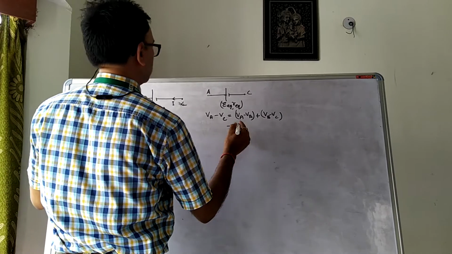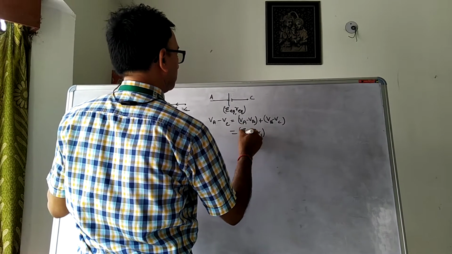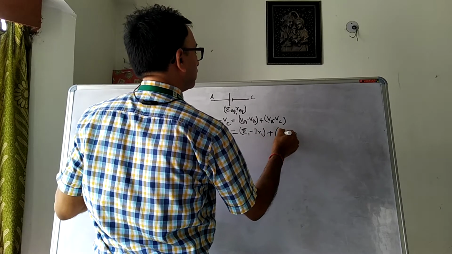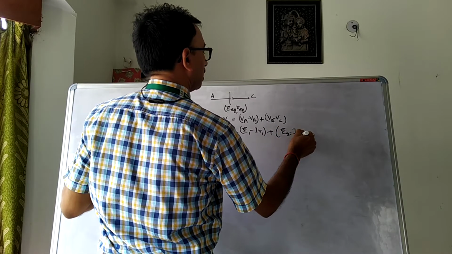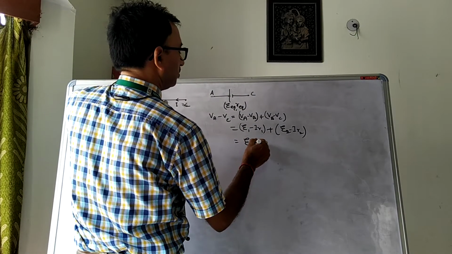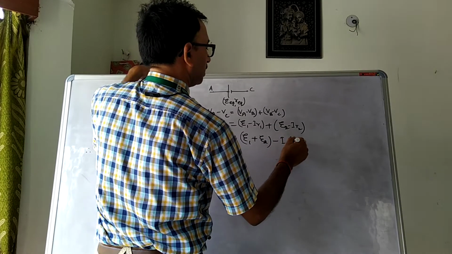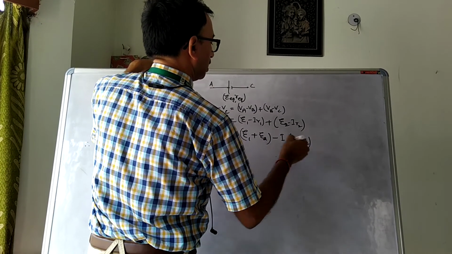So this equals E1 minus I R1 plus E2 minus I R2, which equals E1 plus E2 minus I times R1 plus R2.